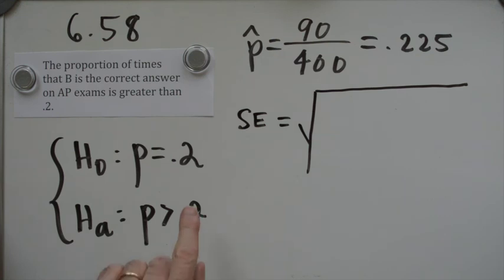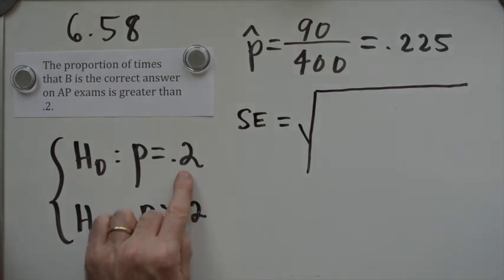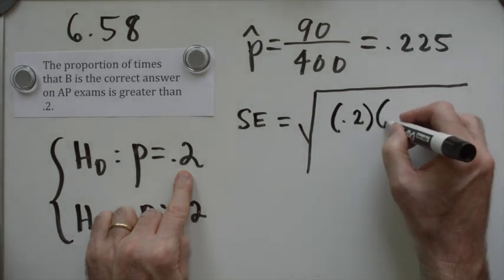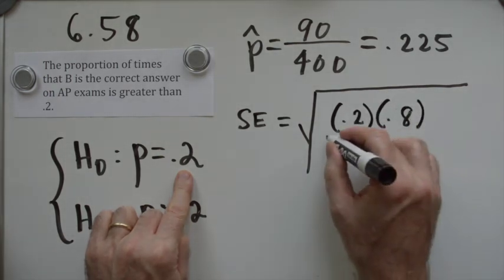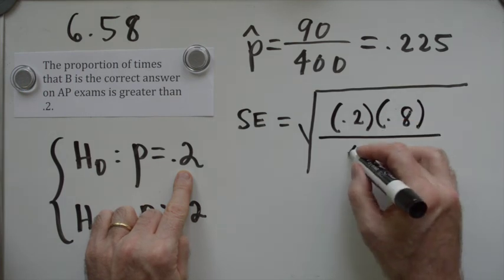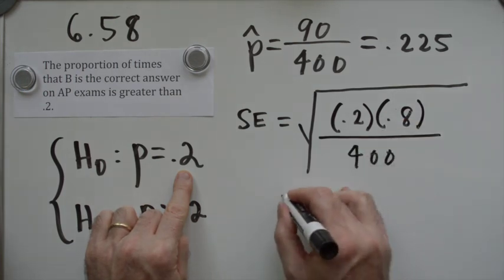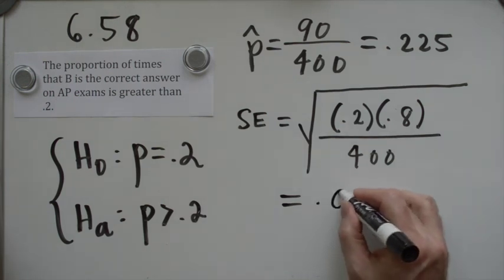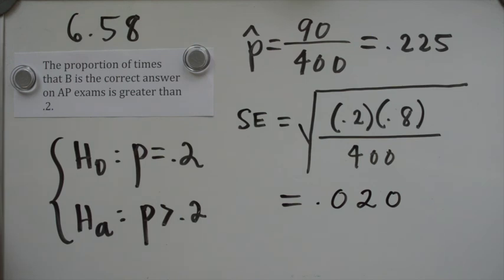According to the theory, we're working under the null hypothesis, so we should use 0.2 times its complement, which is 0.8, divided by our sample size, which is 400. And when we do that, we'll get 0.020. Now, that's exactly the same standard error that we got from simulation.